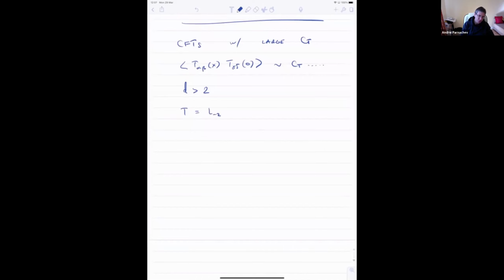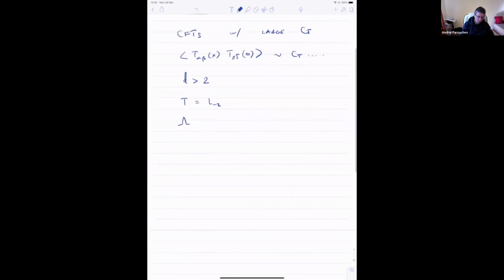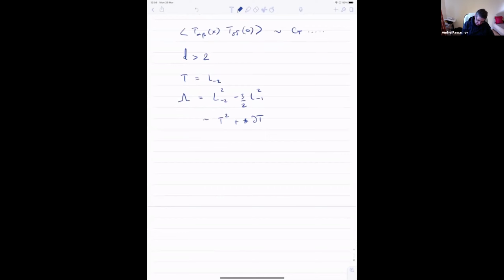So this is L-2. And then the level 4 descendant is something like this: L-2 squared minus 3/2 L-1 squared, which is basically T squared plus this number times d squared T. And then at level 6, there are two operators. Again, there are some numbers which are not very important.